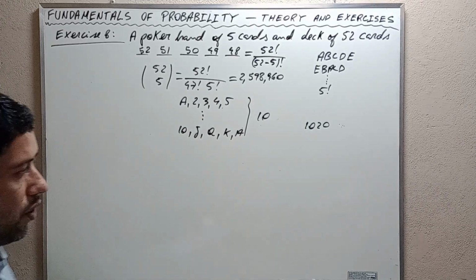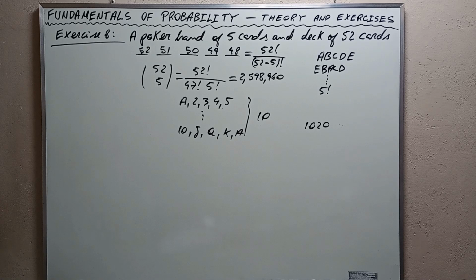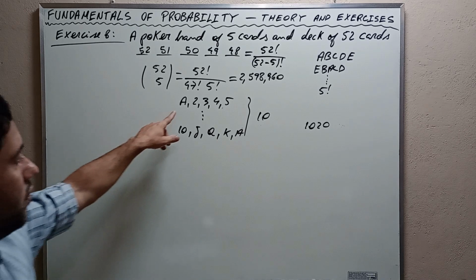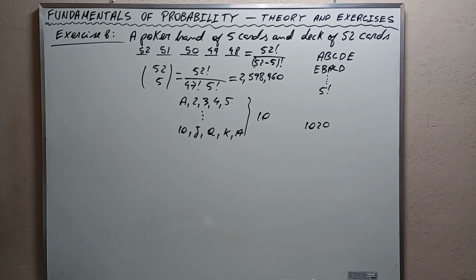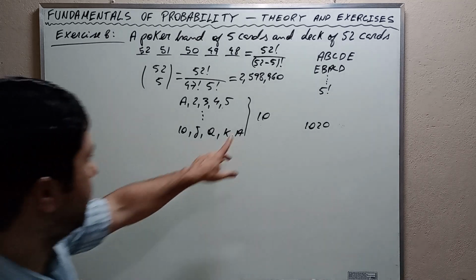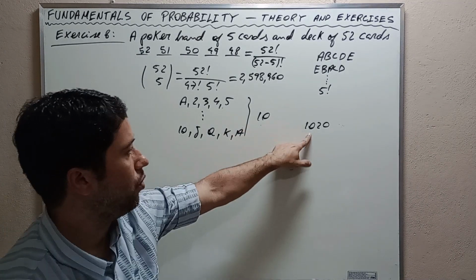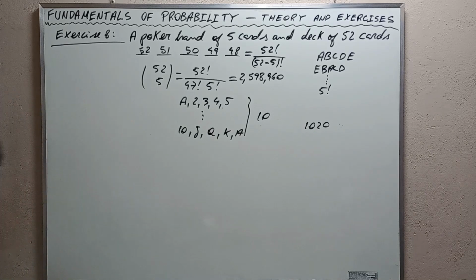The suit is spades, hearts, and the value is called the rank. We have 10 possible straights of different ranks and 1020 straights using the same ranks. 10 of different ranks and 1020 of the same ranks.